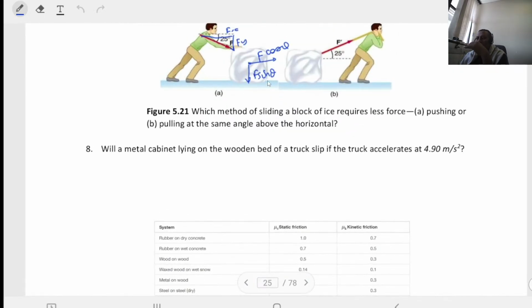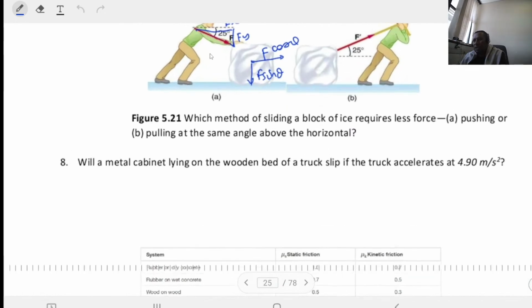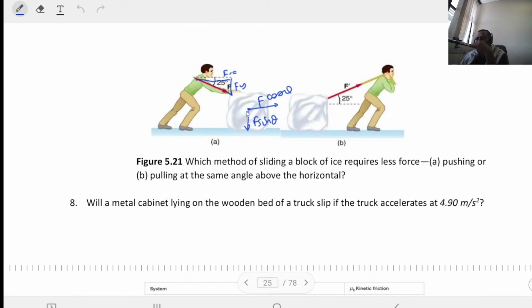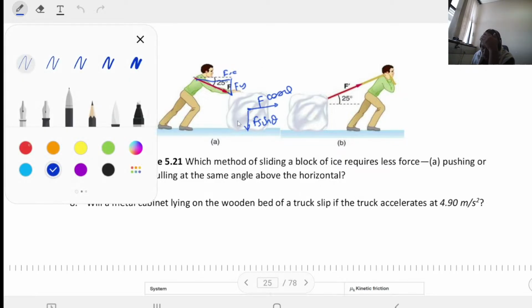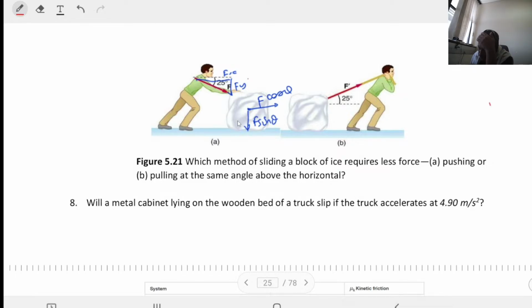Sorry. This is what I'm talking about. The guy is pushing in this situation. Therefore, he is pushing down with F sin theta. F cos theta is what causes this thing to accelerate. We are only interested in this one. Then I'm putting here all the forces acting on it. Normal force is up. Frictional force is that way, small f.